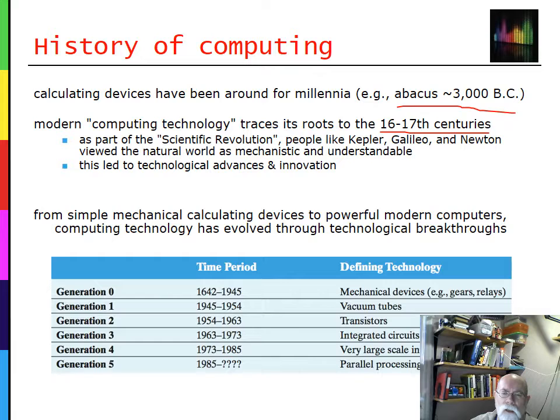So starting in about 1642 is where we pick a date, and we'll see why that's important. But you can tell that we moved from mechanical devices to vacuum tubes to transistors. Yes, I can remember the little transistor radio that was about that big, could fit into the pocket of your shirt, and you could carry FM radio stations with you.